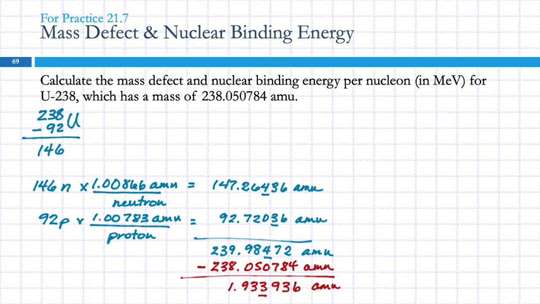It's the difference. So now we can take this and multiply by our conversion factor, 931.5 mega electron volts per atomic mass unit.